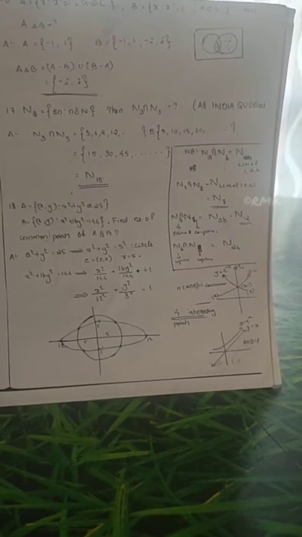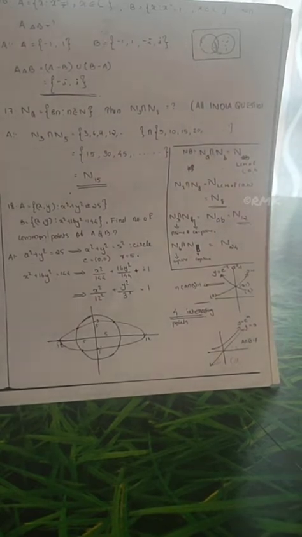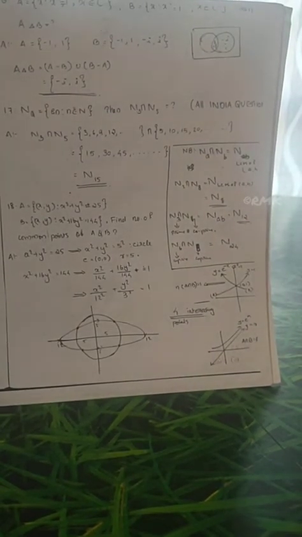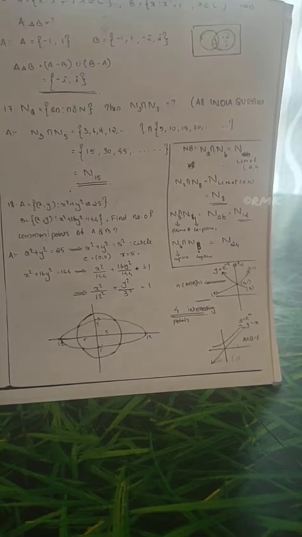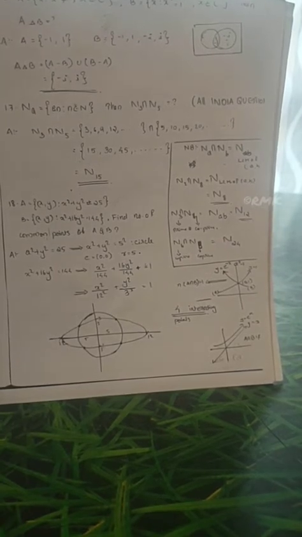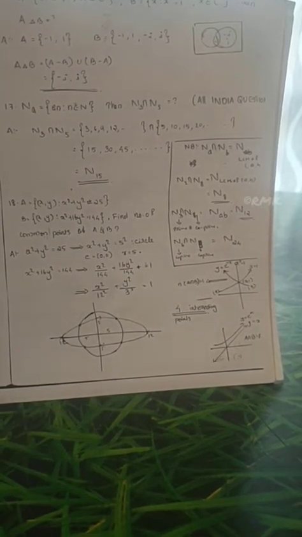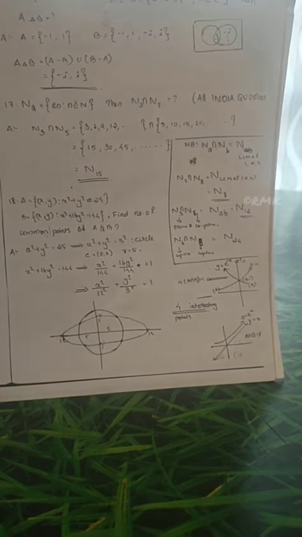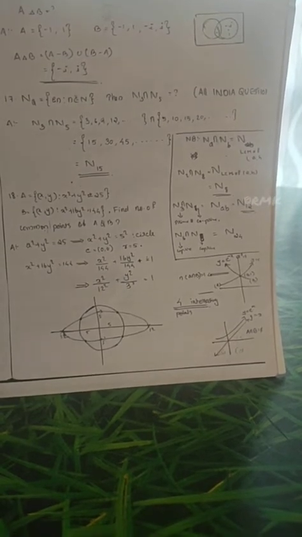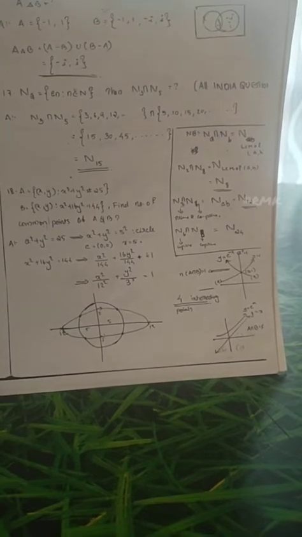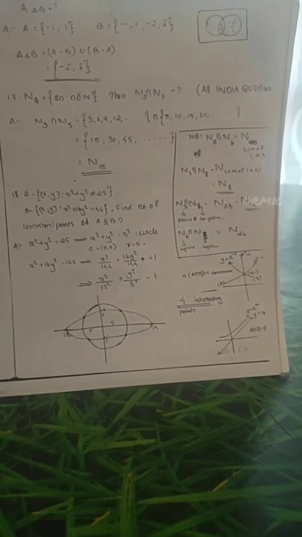N3 intersection N4: the answer is N of the LCM of 3 and 4, so N12. N6 intersection N8: LCM is 24, so N24. That is the shortcut for this question. Very important question, it is a previous question.